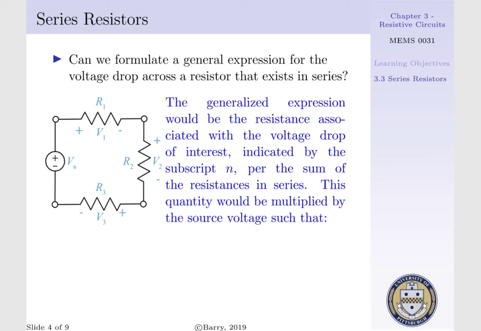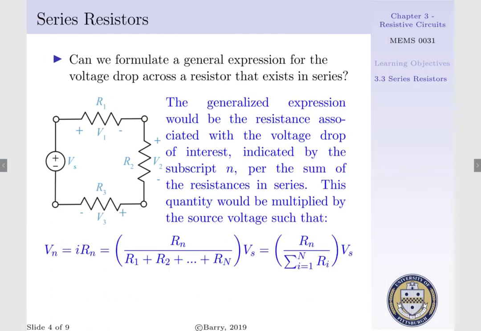This entire quantity would be multiplied by our source voltage, such that we can say V sub n, or the voltage drop across our resistor n of interest, would be the current flowing through it times the resistance of that resistor. This would be equal to R sub n per the quantity R1 plus R2 all the way up to R sub capital N, where capital N indicates the number of resistors in series.